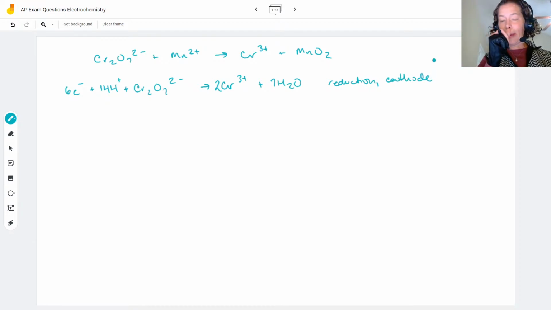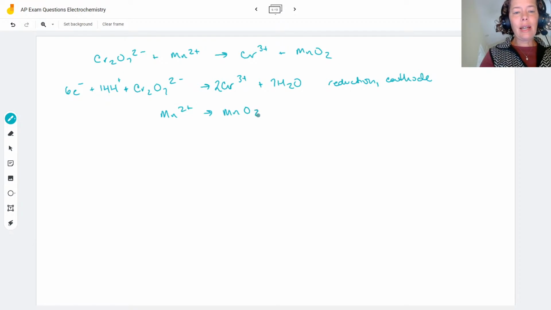All right, let's go ahead and balance our second one. So this is our manganese 2 plus going to manganese oxide here. Again, the manganese are already balanced, so I'm going to jump straight to adding waters to balance my oxygen.